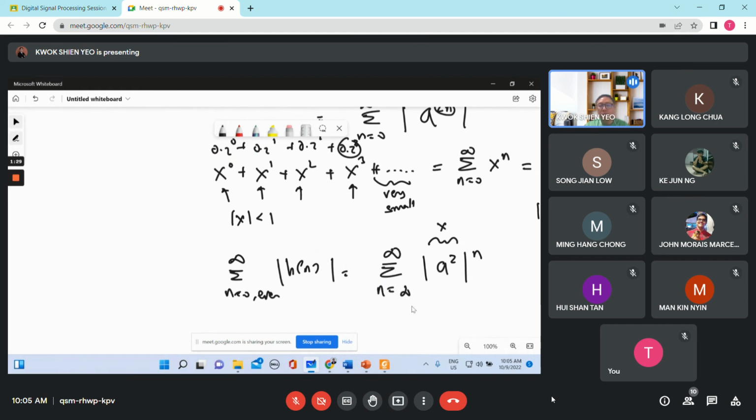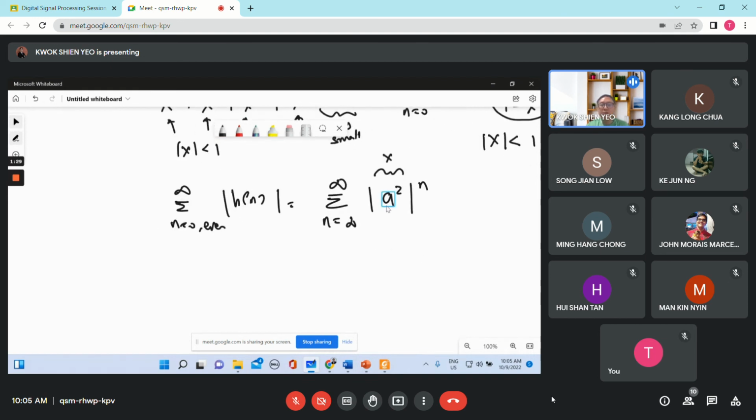In order for this to converge into one number, and not go to infinity, it's only when a to the power of 2 is smaller than 1. So for Hn to be stable, this must be smaller than 1.